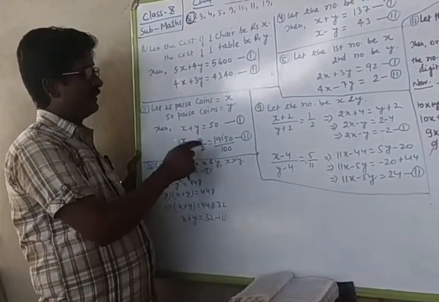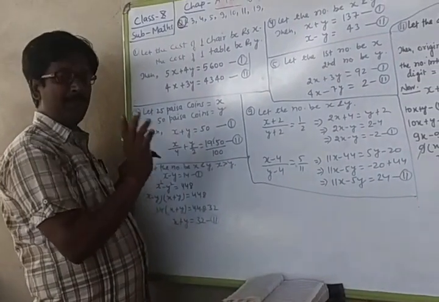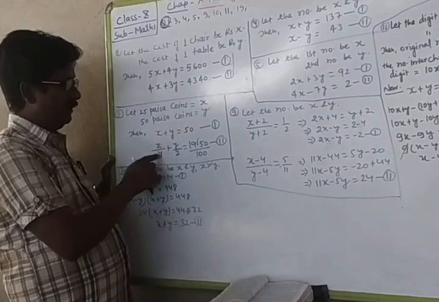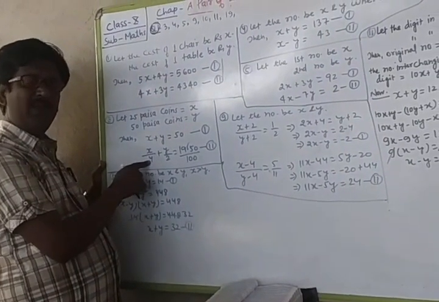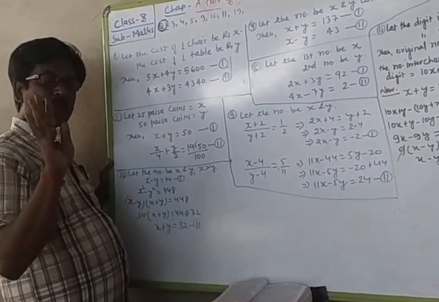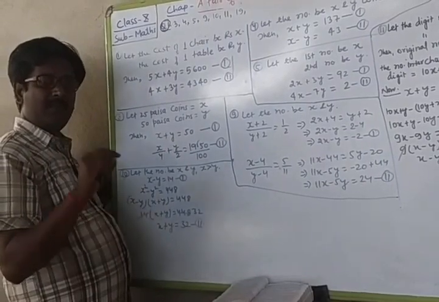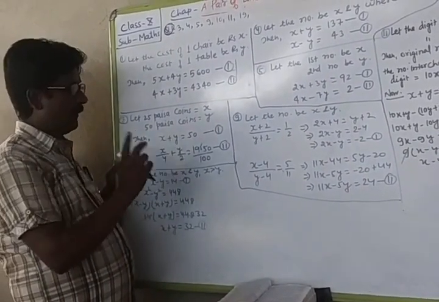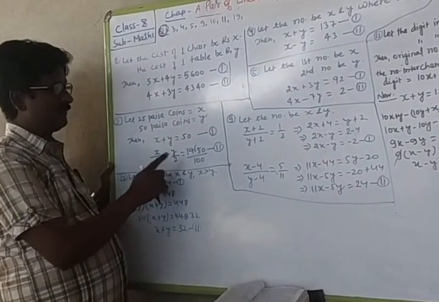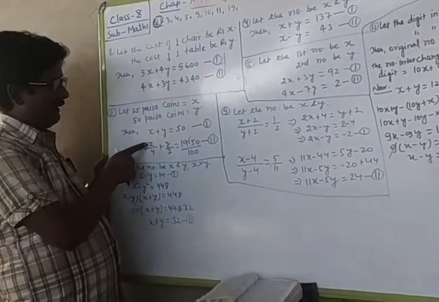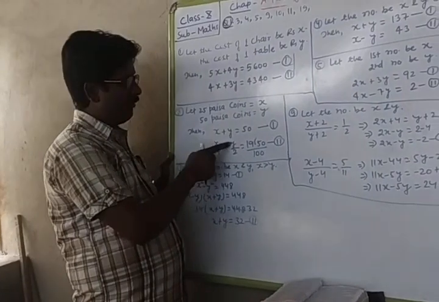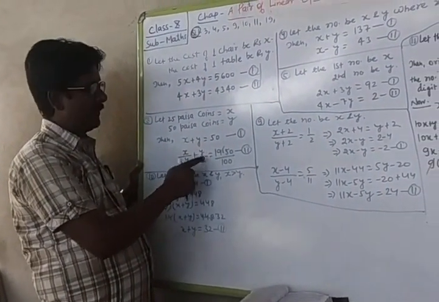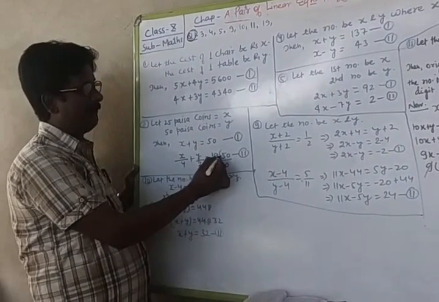In the second equation their value is 19.50 rupees and these are paise. So I have converted this into rupees, and we know there are 4 25 paise coins in 1 rupee. So x by 4, and there are 2 50 paise coins in 1 rupee. That is the reason I have done here x by 4 and y by 2, and this is the total value. So x by 4 plus y by 2 is equal to 19.50.